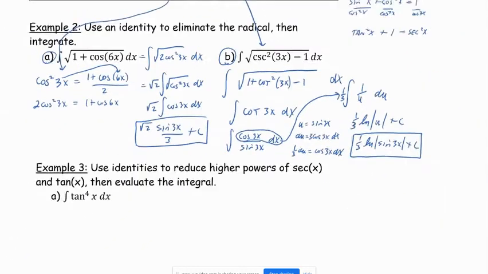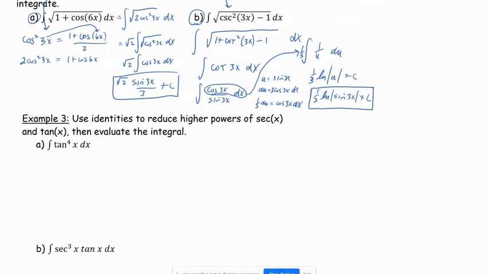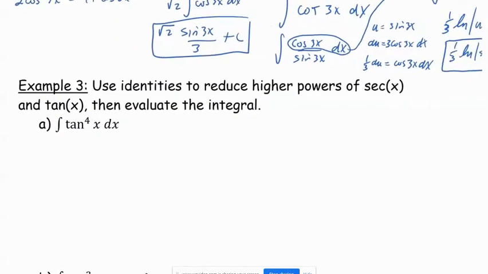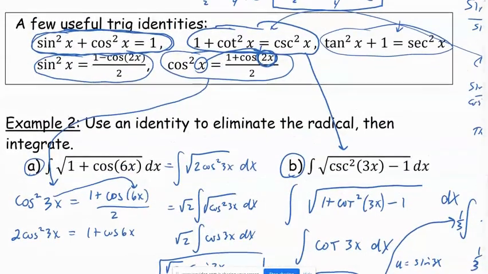Okay, and then in example 3, this time we're going to use the Pythagorean identities to try to break these up into smaller powers. So for example, tangent to the fourth, if we break that up into tangent squared times tangent squared, then replace one of them using the Pythagorean identity that we have up here.